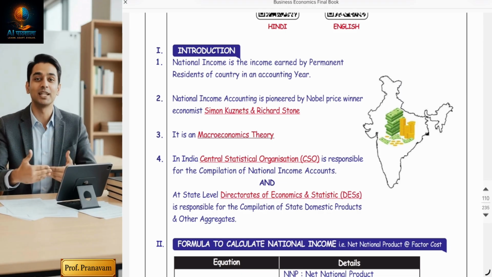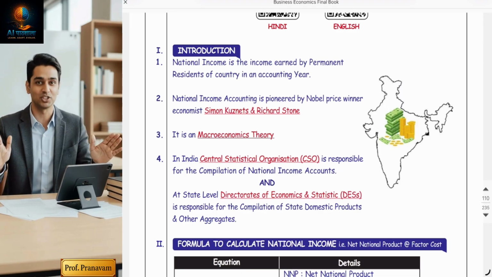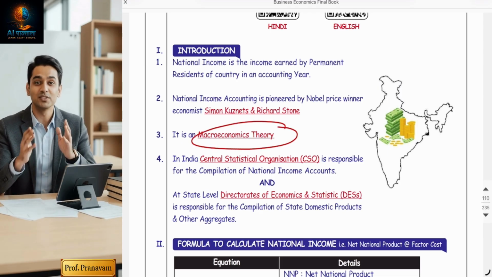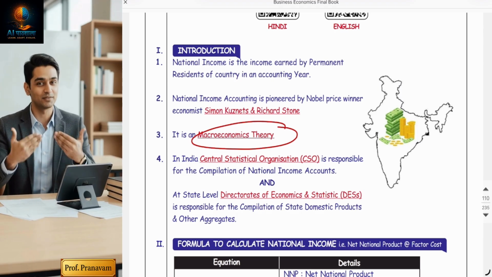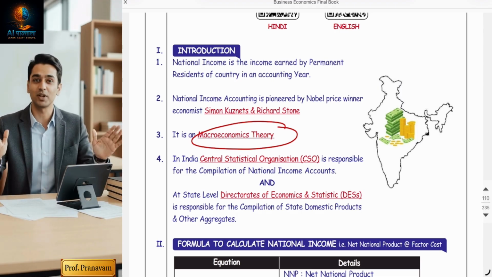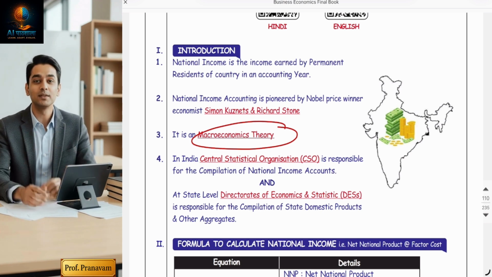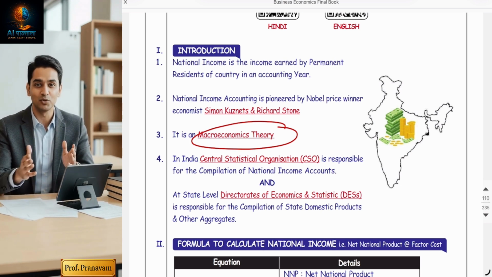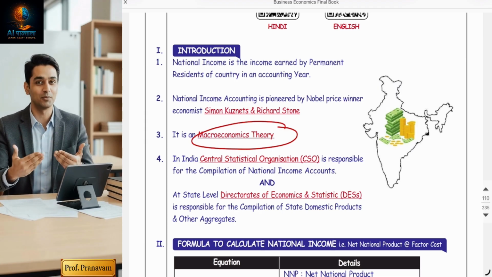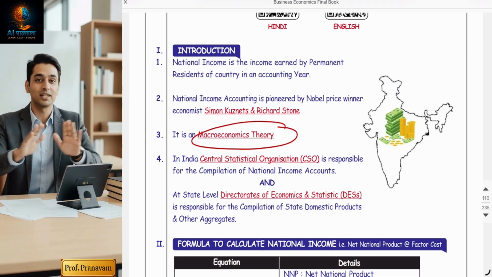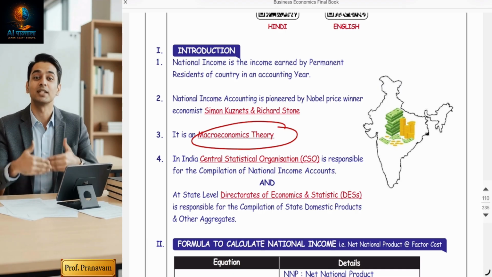So, friends, national income accounting is a macroeconomic framework. Actually, it's a macroeconomic theory used to measure total production, total income generation, and total expenditure of an economy during one accounting year. One accounting year, in India, we follow a financial year. It gives a complete organized picture of economic activity.